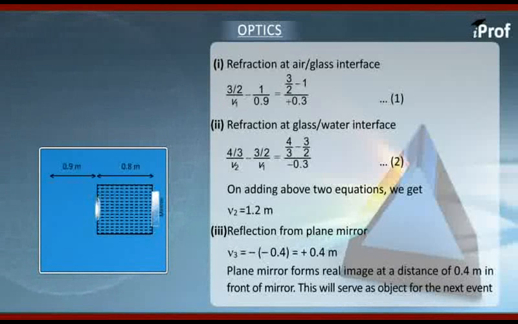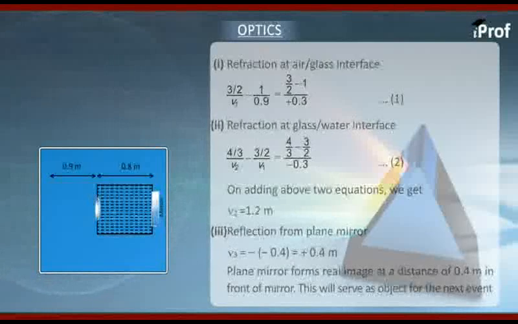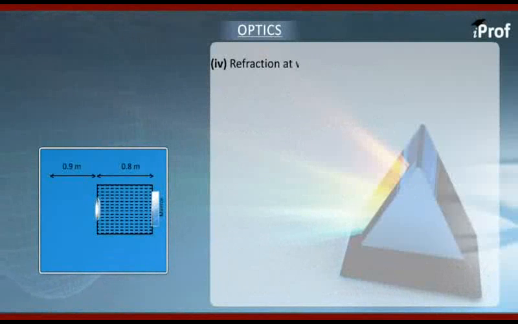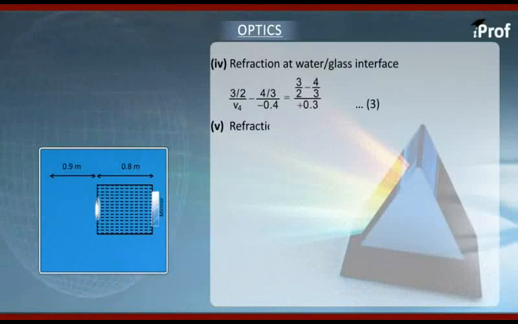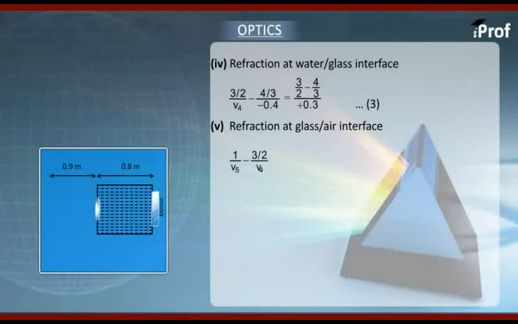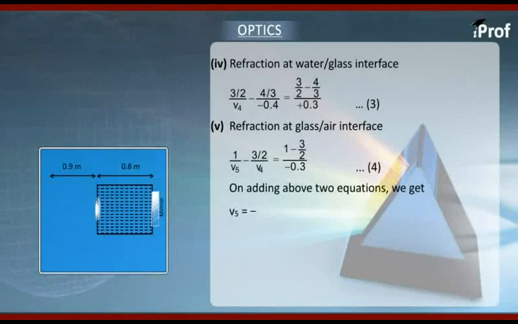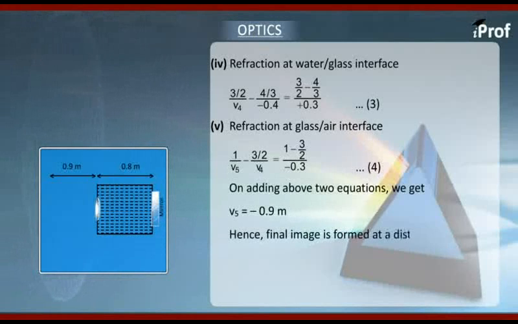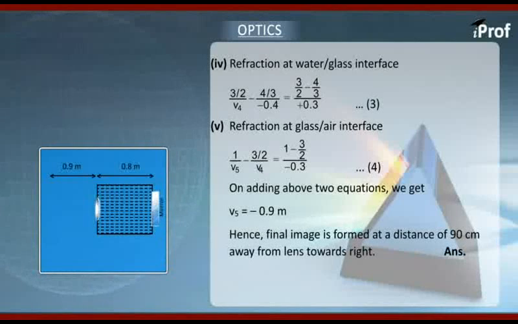Now, after reflection, these rays are travelling back. This image, that is 40 cm in front of the plane mirror, will act as an object, and again we'll be writing two refraction equations, one for the water glass interface and then the next for the glass air interface. Again reminding ourselves that we'll not be solving these equations individually, we'll write these two equations and add.